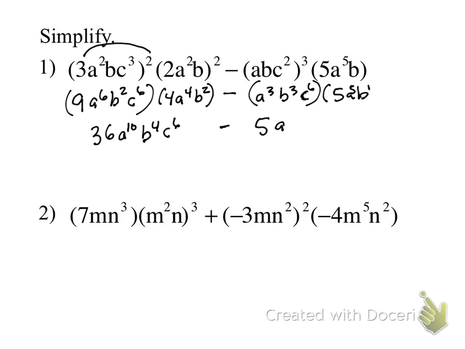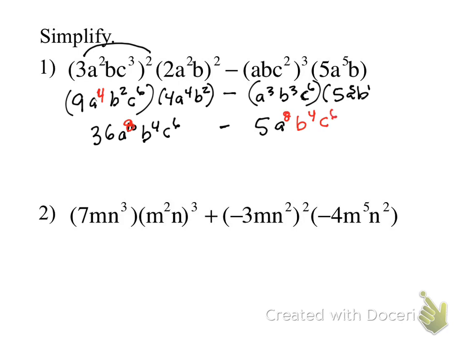A to the 8th, yes. Oh, I see, because it was wrong right here. Yeah, that's what I was thinking. Okay, thank you, sorry. So this should be to the 8th. Okay, a to the 8th, b to the 4th, and c to the 6th.